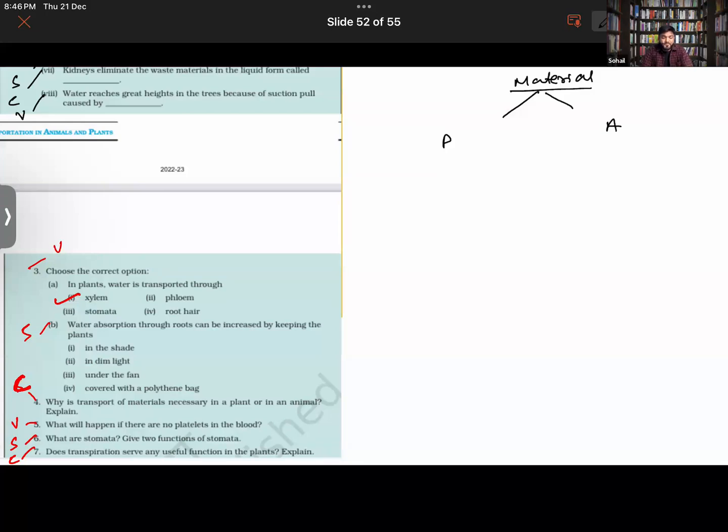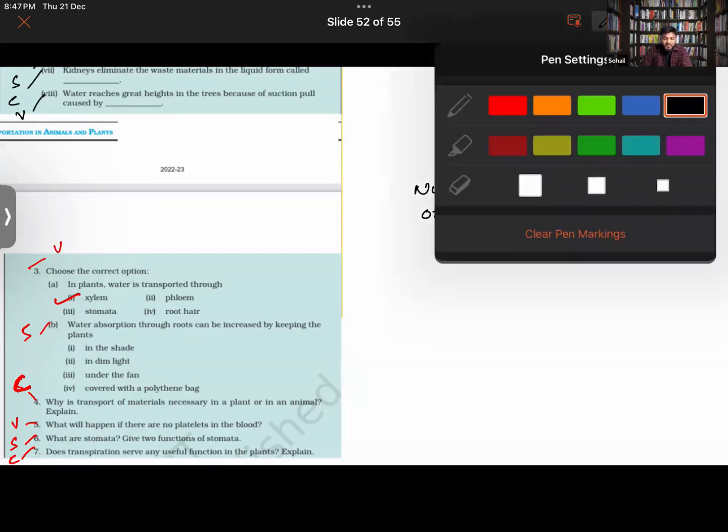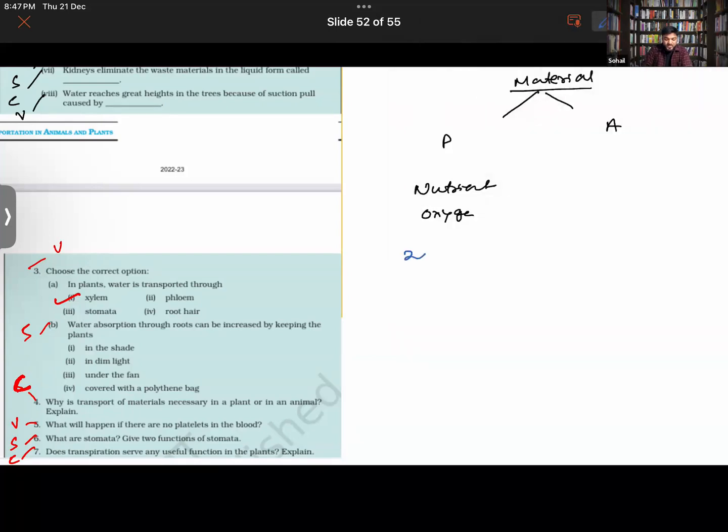So we see that transport of materials is necessary in both plants and animals, because every cell needs a regular supply of nutrients and oxygen, because there's a continuous respiration taking place. Respiration is a 24-hour process, right? Respiration is continuously going on inside the body of plants and animals, and it's a 24-hour process. Photosynthesis is during the daytime only, but respiration is a 24-hour process.